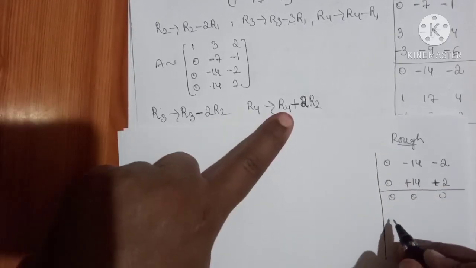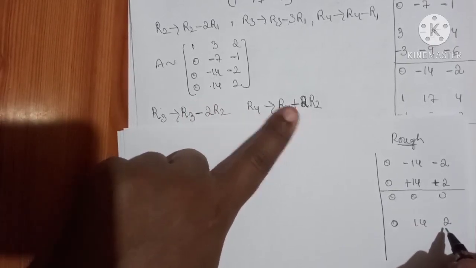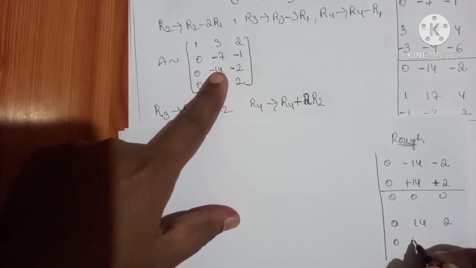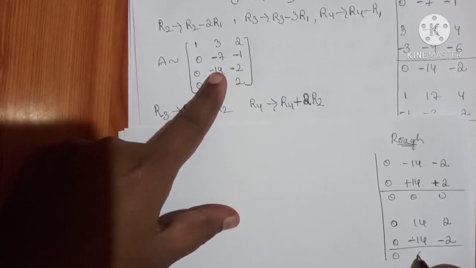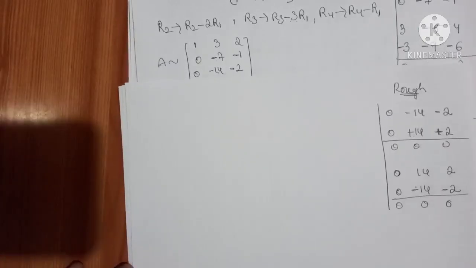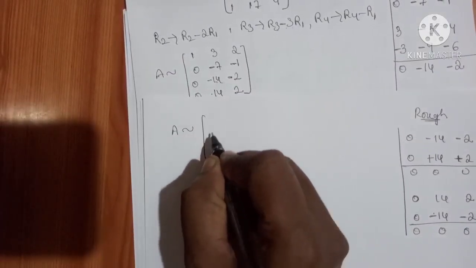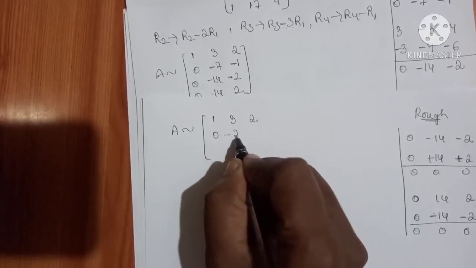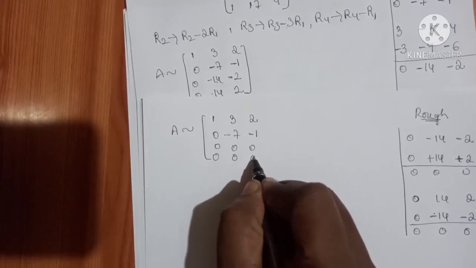Similarly R4 elements are 0, 14, 2, multiplying with plus 2 into R2, we get 0, plus into minus 14, minus 2, the same, we get 0, 0, 0. Thus the new matrix A is equivalent to 1, 3, 2 as it is, 0, minus 7, minus 1 also as it is, and these two rows become 0, 0, 0.